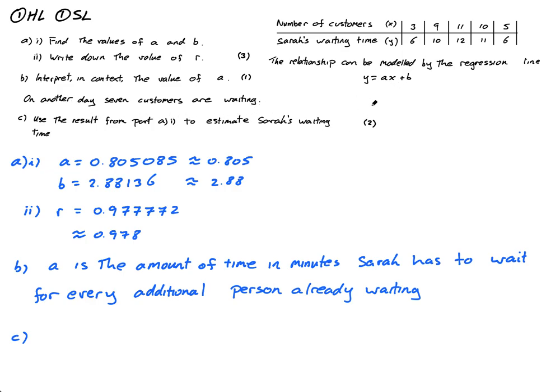So we have this model now. It is y equals, now look guys, don't use the rounded version here, use the less rounded version: 0.805085 x plus 2.88136.